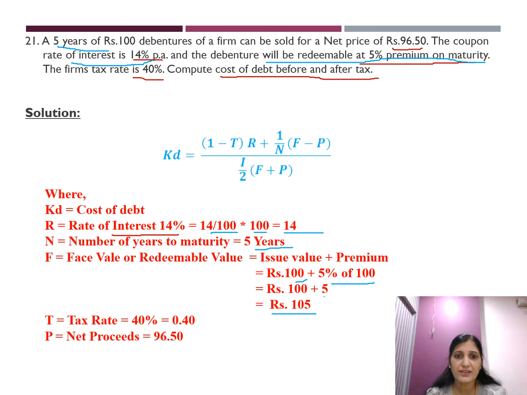Tax rate is 40%. This I have taken over here, 40. Net proceeds is 96.50. Directly it is given over here. Net price is 96.50. Now we'll substitute these values and we will find out the cost of debt before tax and after tax.